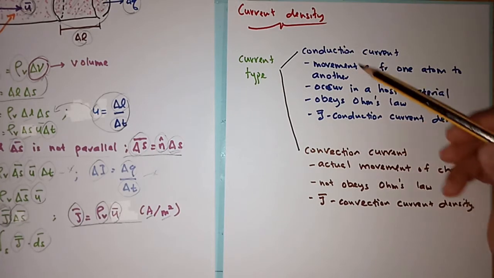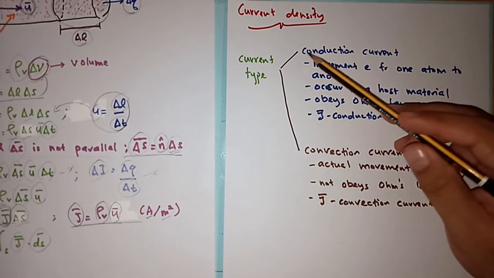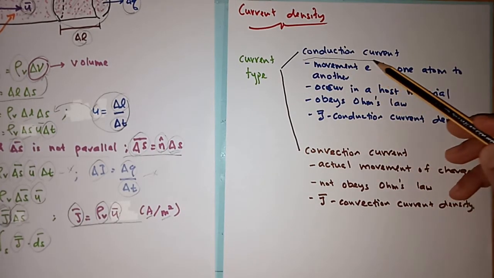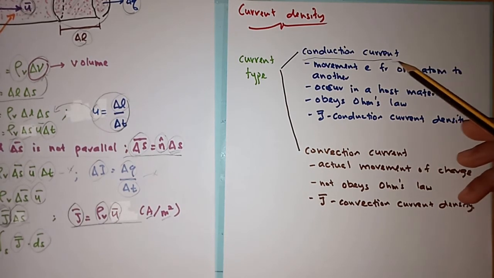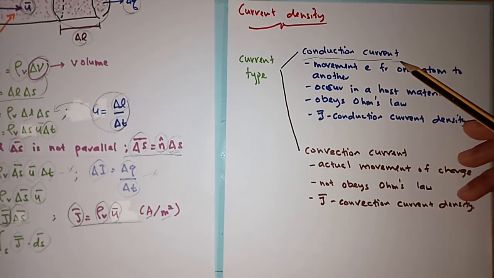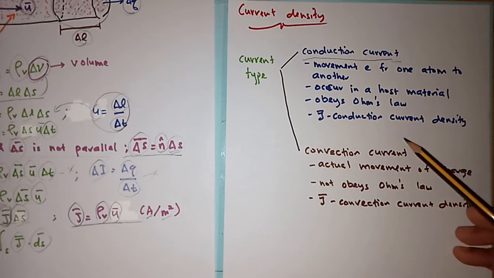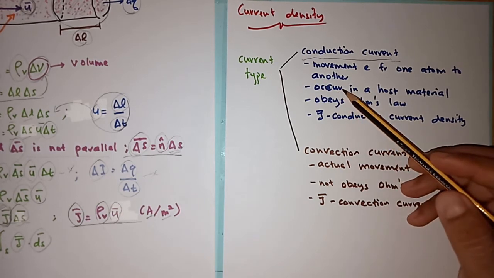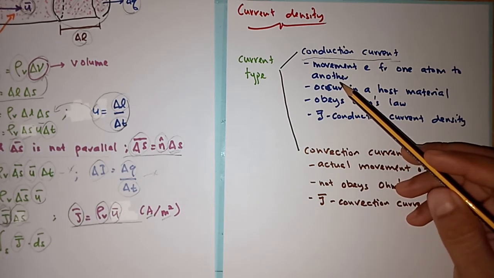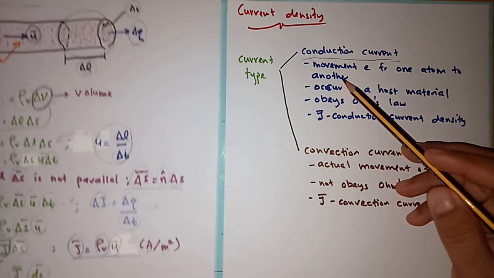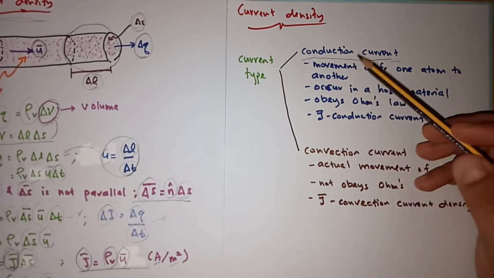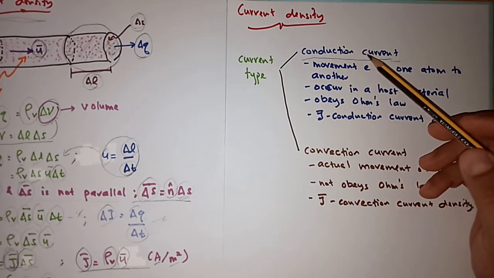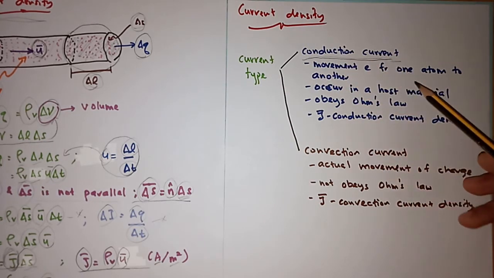Basically, we have two types of current. The first is what we call a conduction current. This conduction current is quite familiar to us, because when we study circuit theory, most of the time we consider the current flowing inside an electrical system to be a conduction current.